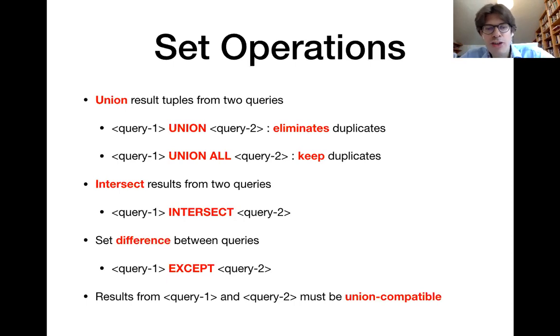You also have operations for intersecting the results of queries and for taking the set difference between 2 query results. But in all of those cases, you must be careful because the result structure of those different queries that you are combining with the set operations must be compatible.